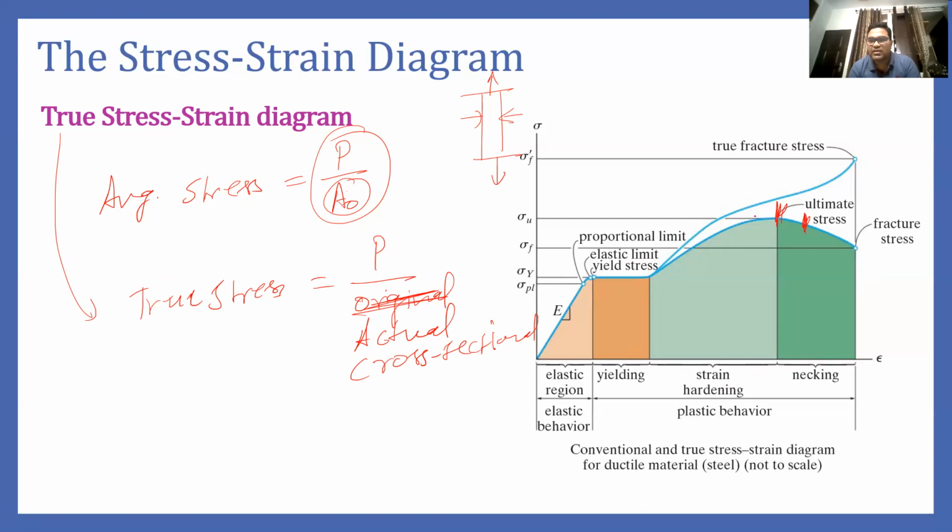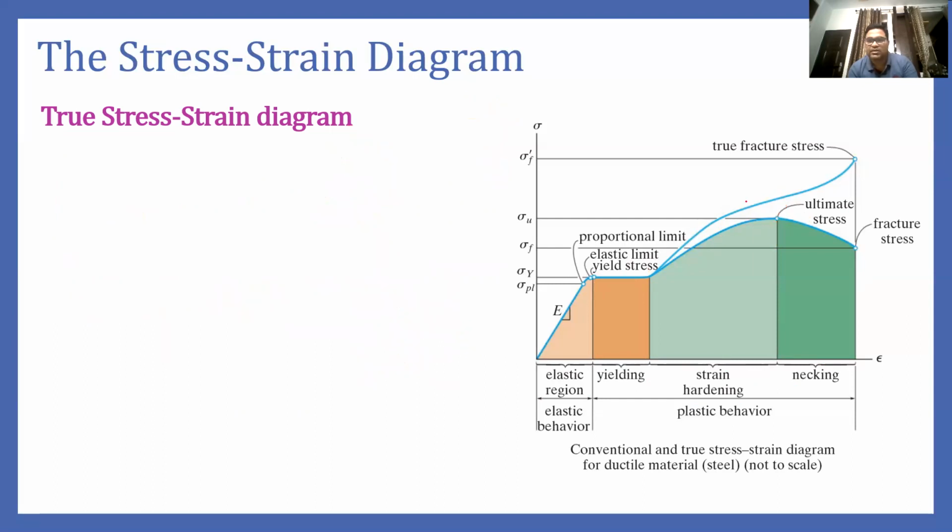If we find the force at this point and divide it by the actual cross-sectional area, the stress will actually be rising.